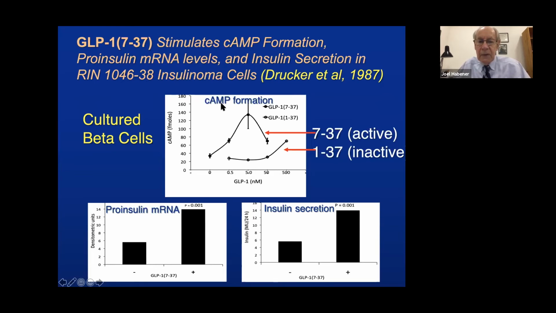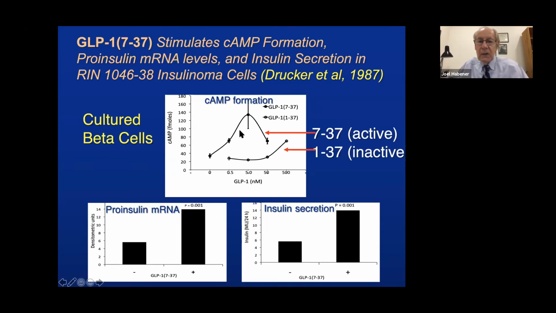on cyclic AMP formation, since we discovered, and others had discovered, that this receptor for GLP-1 was a G protein coupled receptor coupled to the GS protein that regulates via cyclic AMP signaling. So we measured cyclic AMP formation and found that the active peptide was 7 to 37.